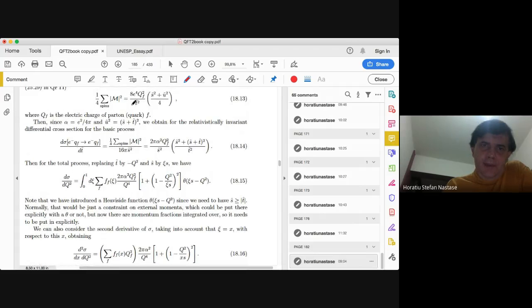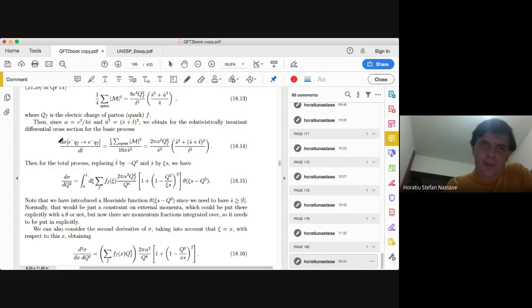So substituting this, we find the relativistically invariant differential cross-section for the basic process, that's d sigma dt hat. Remember, we have a real differential cross-section, and then we have this theoretical object, the relativistically invariant differential cross-section, that is equal to the real cross-section, both in center of mass frame and in lab frame, but not in any other frame.